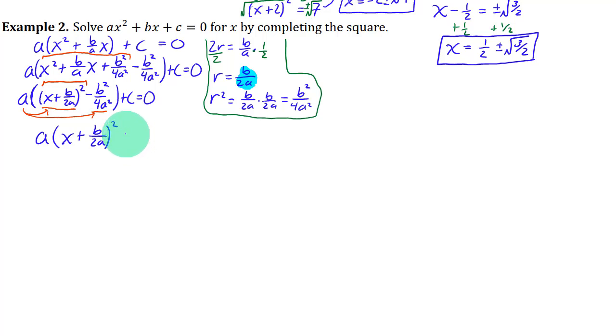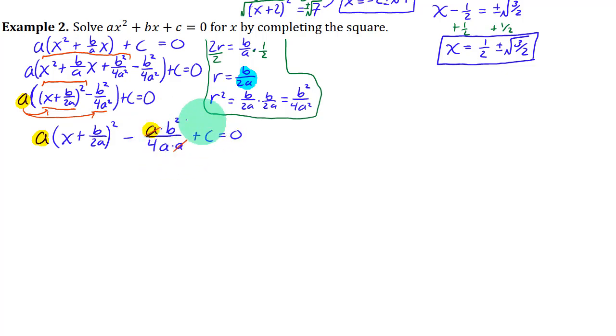And then we're going to have that, minus, well, let's see, it's going to be a times b squared over 4a squared. And remember, a squared is really a times a. So we can see how this is going to reduce. So this a got distributed in here, but now one of them is going to cancel out with an a in the bottom. Oh, and don't forget there's still a plus c equals 0. Almost forgot that. So let's see, we just have b squared over 4a left over.